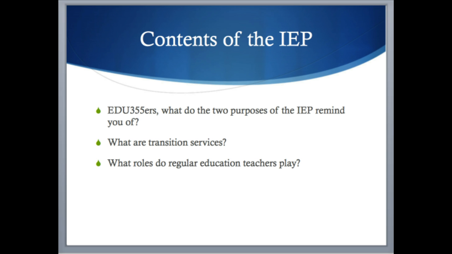So the IEP is meant to help them be successful in school, and the transition services part that's added to the IEP towards the end of their K-12 educational career is meant to help them then be successful beyond school.